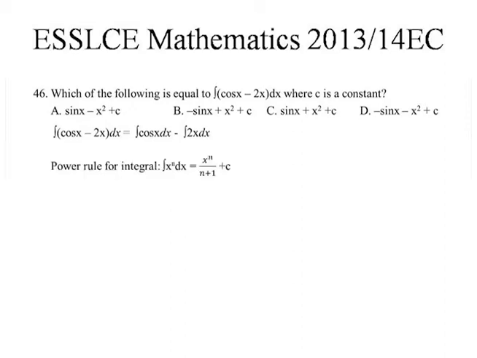From the power rule, we know that integral of x to the power of n dx is equal to x to the power of n plus 1 over n plus 1 plus c.